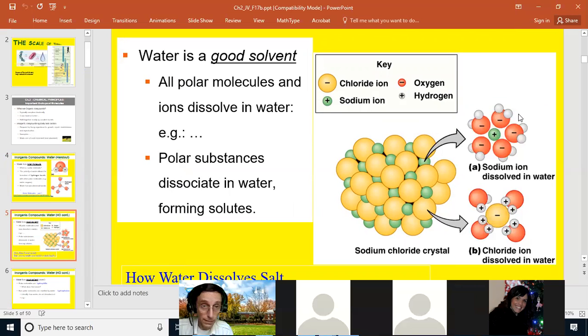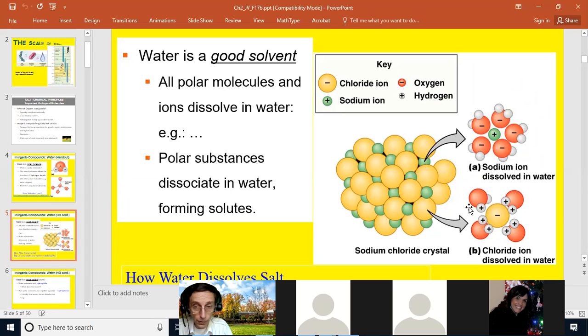Water is a good solvent because all polar molecules and then ions can dissolve in water. Like salt is an ionic molecule, and water comes up to the sodium, which is positively charged, and then will pull it out of the sodium chloride crystal, and then the negative portion, meaning the oxygen portion of water, will be oriented towards the positive charge of the sodium ion.